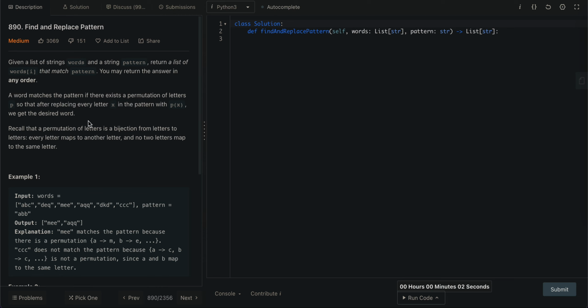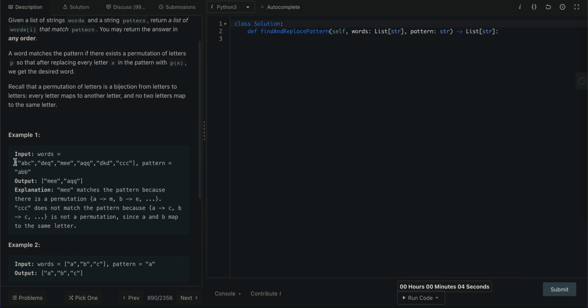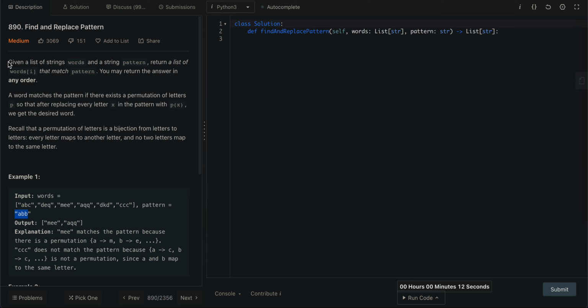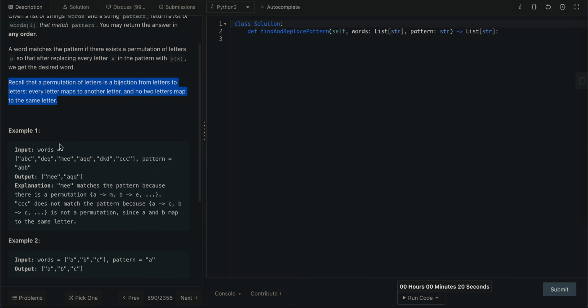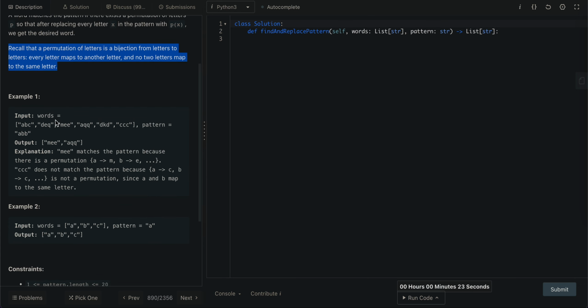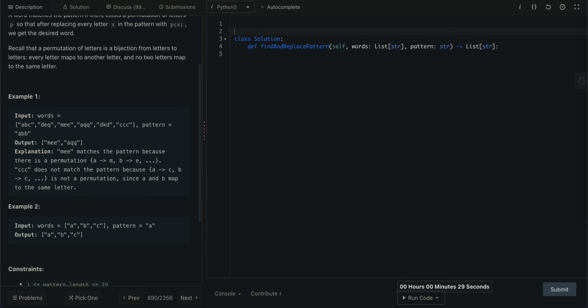Basically, we are given a list of words and a pattern. The wording is quite confusing, and I didn't exactly understand the question, so let me explain it in simple terms.